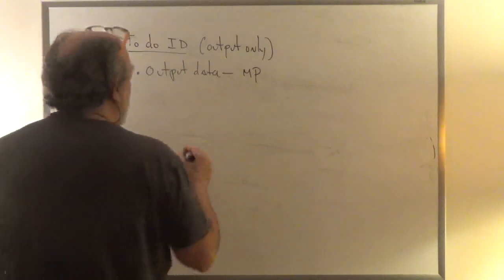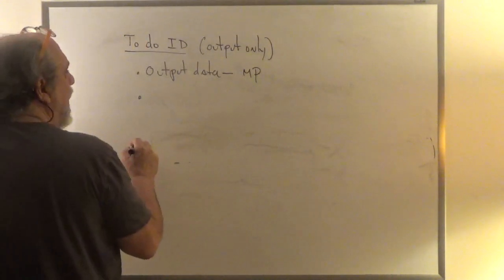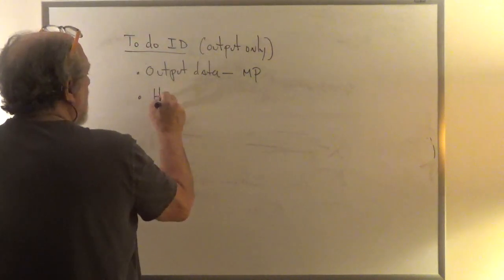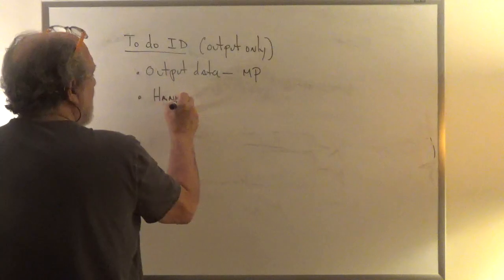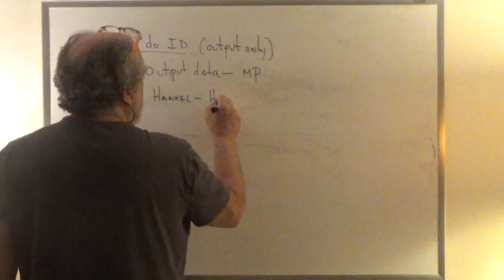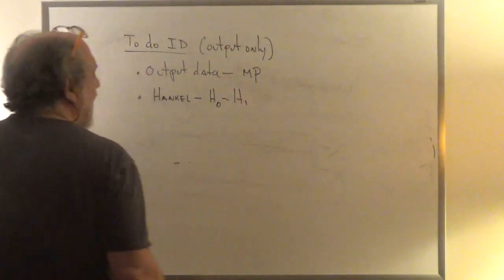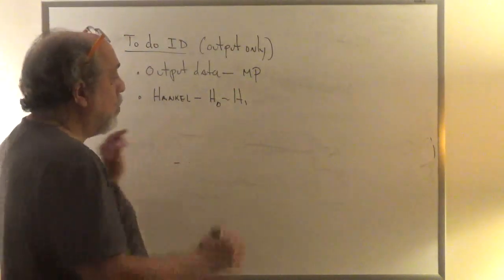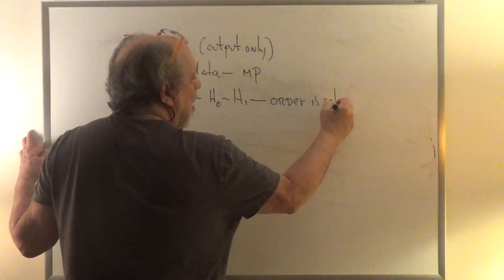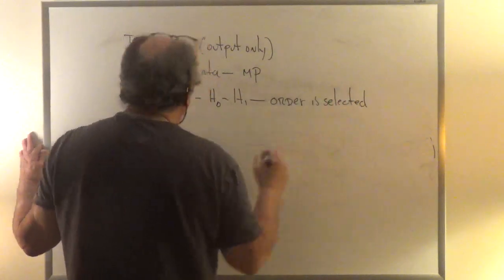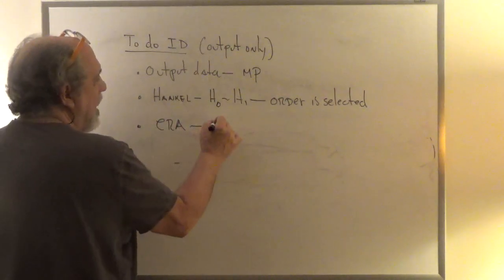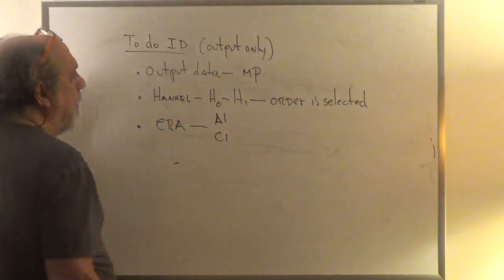After we have these Markov-like parameters, we run Hankels, and from those Hankels we get H0 and H1. And then at that point we decide an order, right? And then we run the program ERA. That gives us our A1 and our C1.